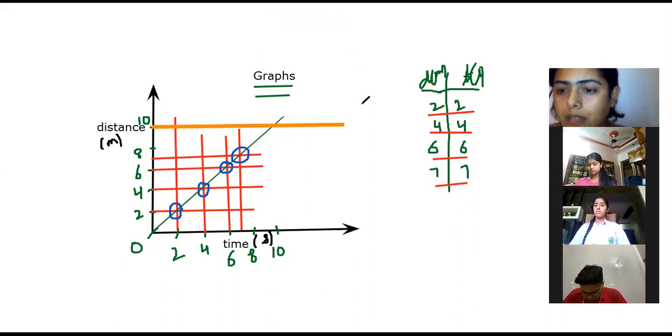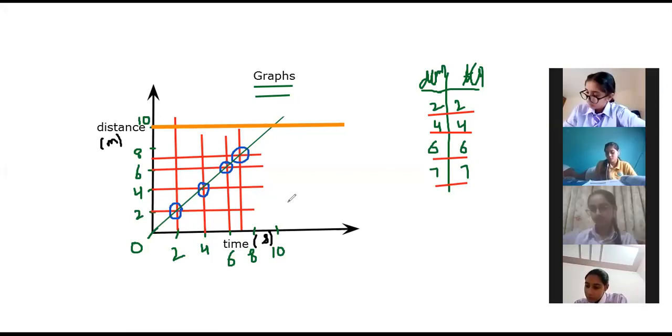You had written till here. Further you will write straight line inclined to time axis. Inclined means with some angle.